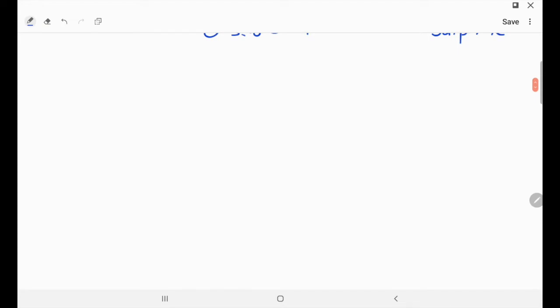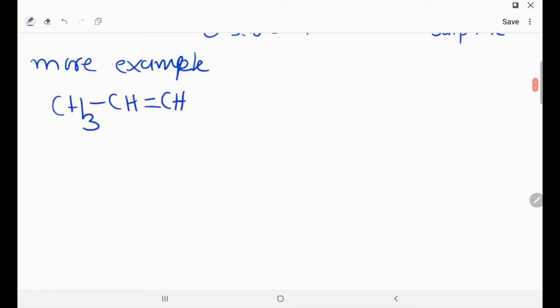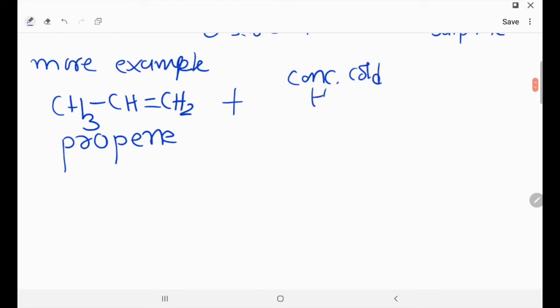Let's take one more example. Suppose you are given propene, CH3 CH double bond CH2, and you have to add cold concentrated H2SO4.